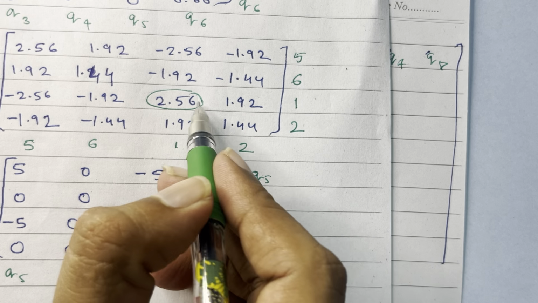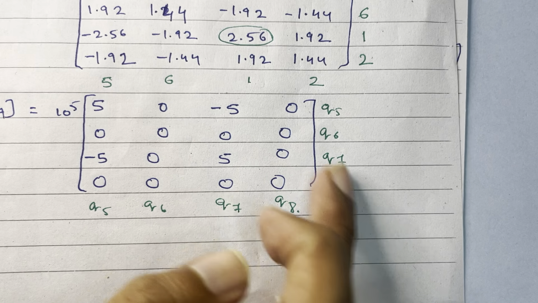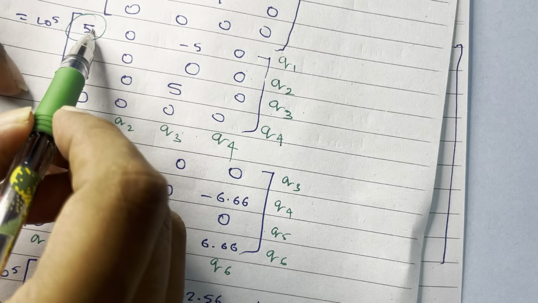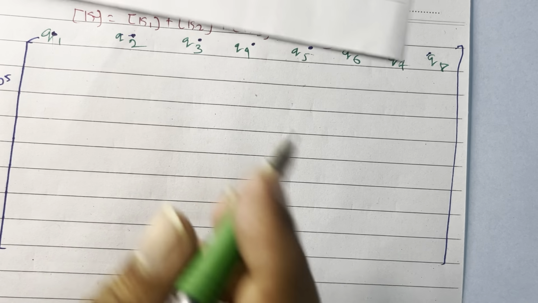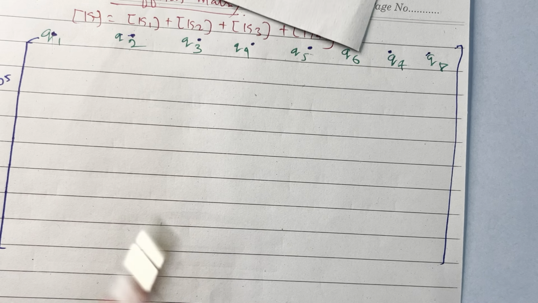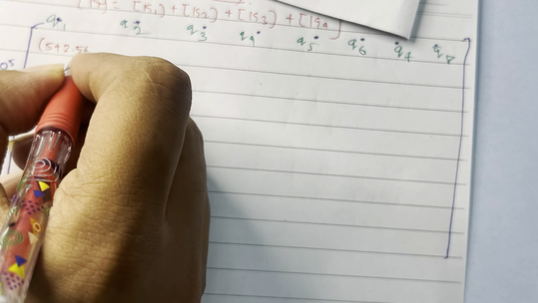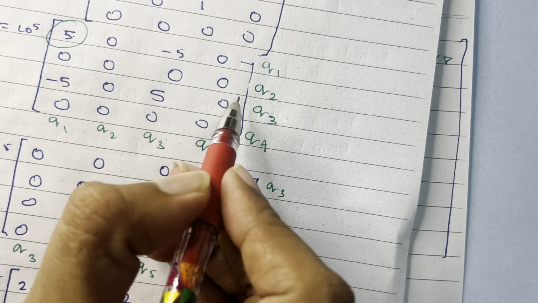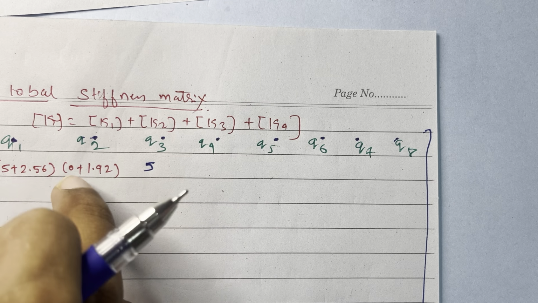This is related to Q1. Okay, and in the fourth element we don't have any Q1 values, so one element is 5 and another element is 2.56. So we have to add here, that is I will add 5 plus 2.56.